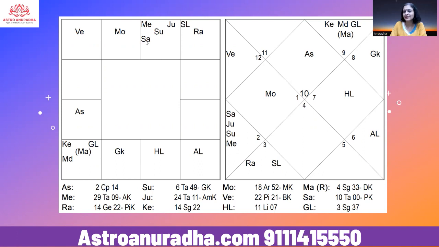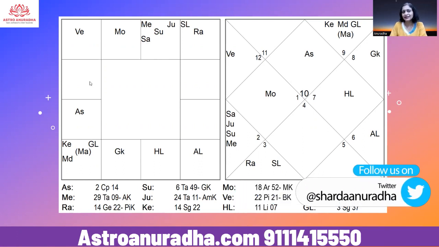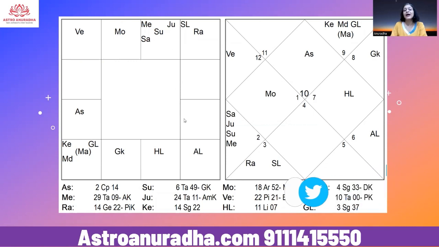Why so? Because Saturn will be aspecting the 3rd house and the 10th house. That means Saturn would be aspecting the 7th house, the 11th house, as well as the 2nd house. Jupiter would be aspecting the 9th house as well as the Lagna, not to forget the 11th house. And these 2 planets would be aspecting these charts.